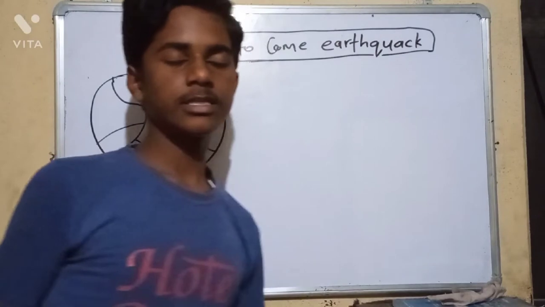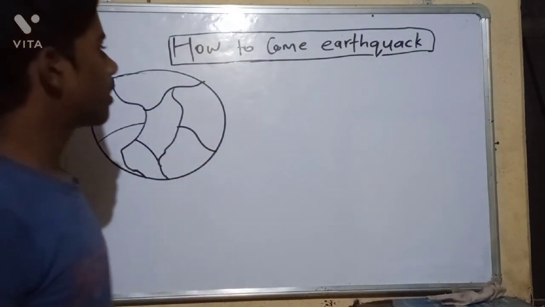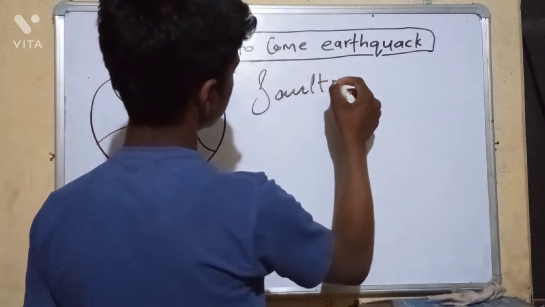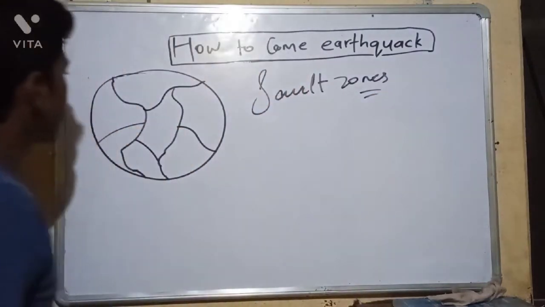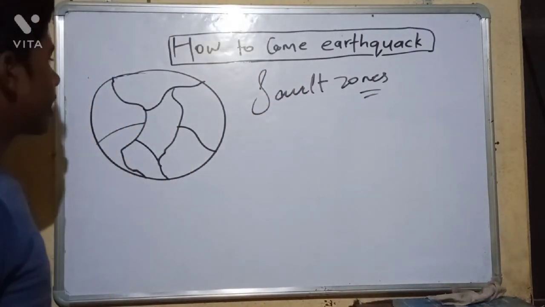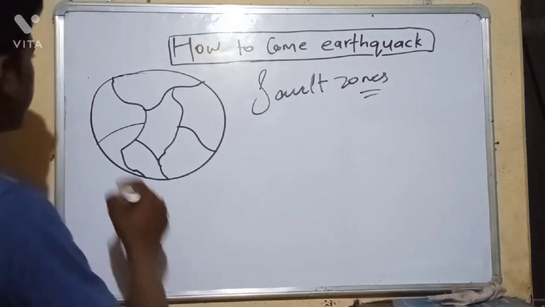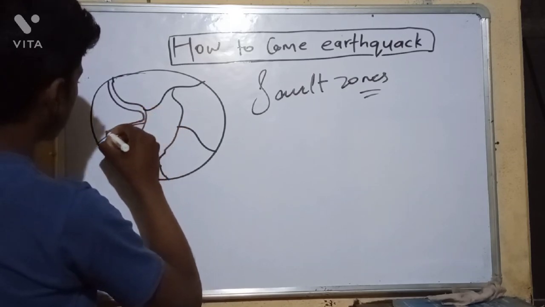Now let's discuss seismic zone or fault zone. A fault zone is a zone where two tectonic plates meet.